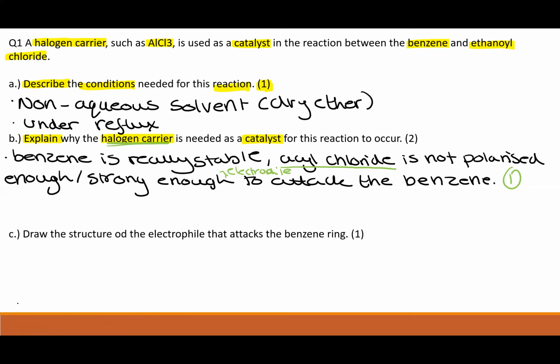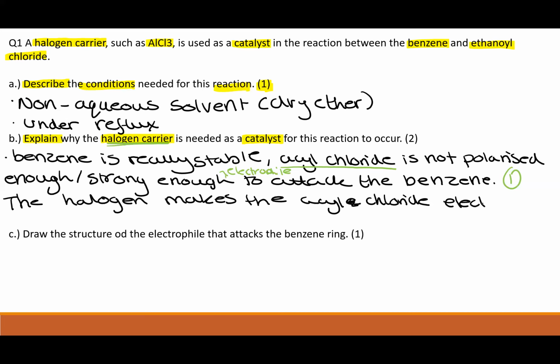The halogen carrier makes the acyl chloride electrophile stronger. That would get you that second mark, to then get those 2 marks.